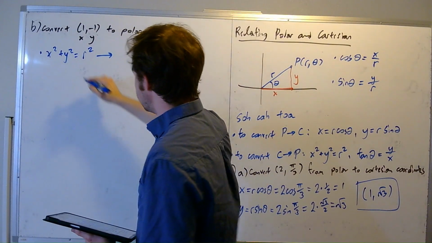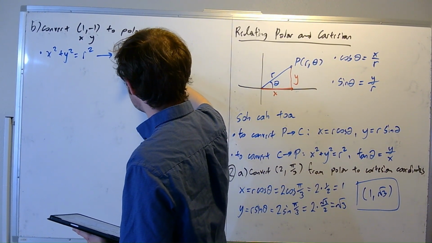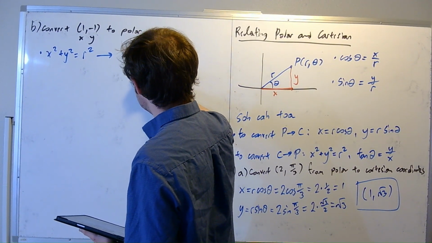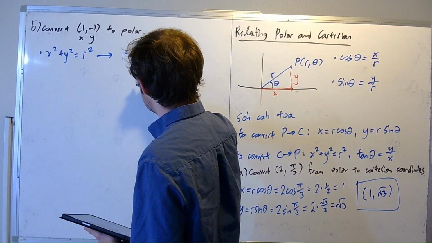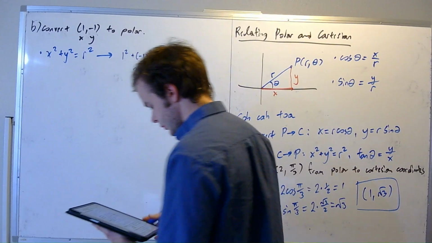So if we plug in x and y, we're going to get 1 squared plus negative 1 squared equals r squared. So 2 equals r squared. So r equals plus or minus root 2.